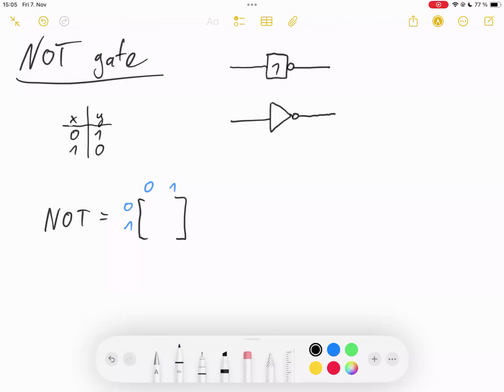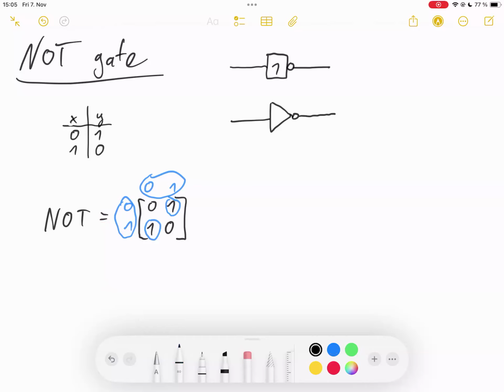And this matrix will be, in fact, quite easy, because remember, the columns represent the inputs, the rows, the outputs. We've done this when we formalized systems and started with deterministic systems, then probabilistic ones, and then quantum systems. So the entries will be like this, because what I want is, if I have a 1, I want to turn it into a 0. And if I have a 0 input, I want to turn it into a 1.